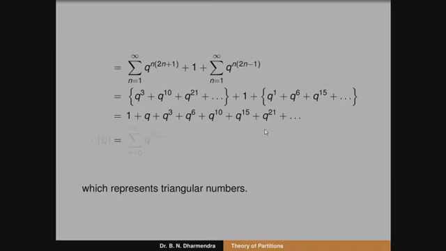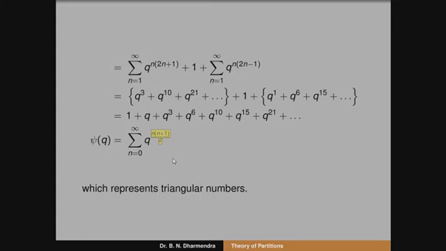So therefore phi of q is equal to summation n running from 0 to infinity q to the power of n into n plus 1 by 2. That represents a triangular number. Now let us use a table, where the x-axis is n and the y-axis is n into n plus 1 by 2.